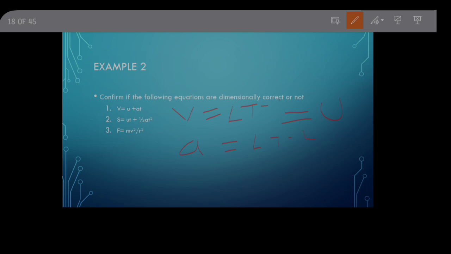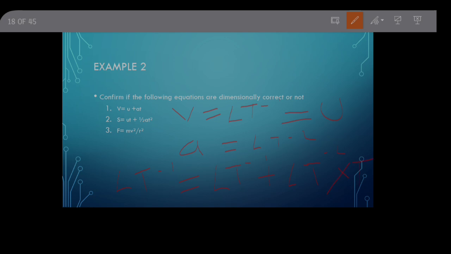V will be LT raised to power minus 1, is equal to LT raised to power minus 1, which is representing our U, plus LT raised to power minus 2, representing our A, multiplied by T, representing our time.